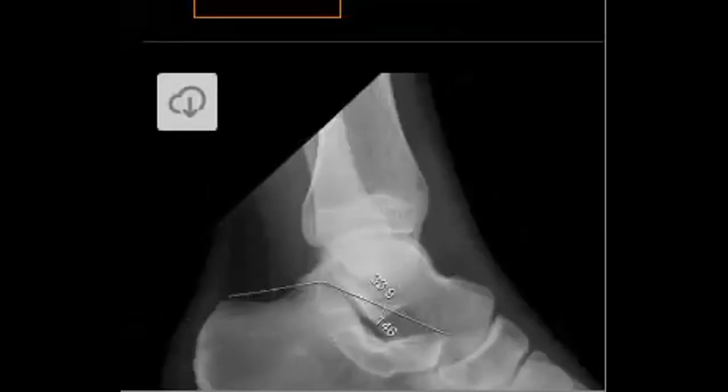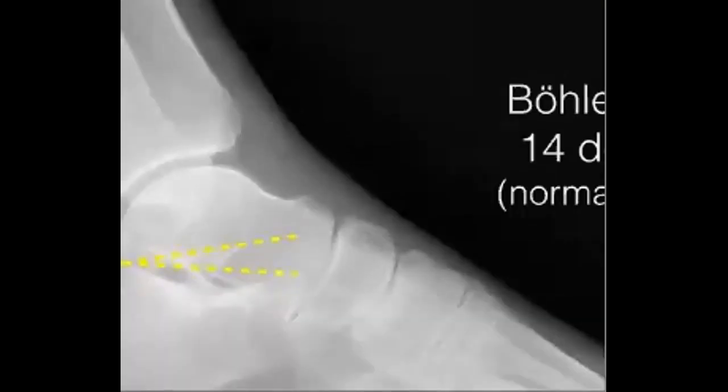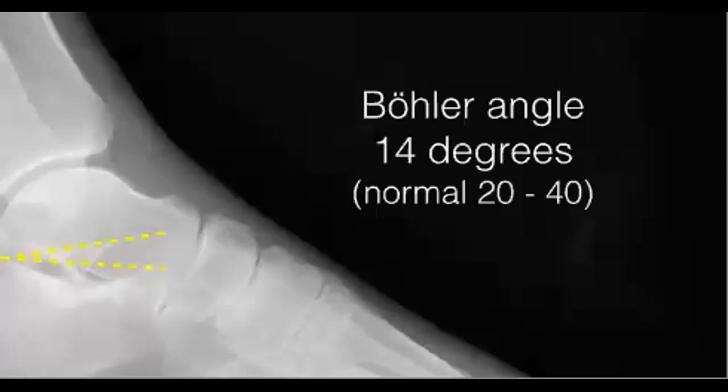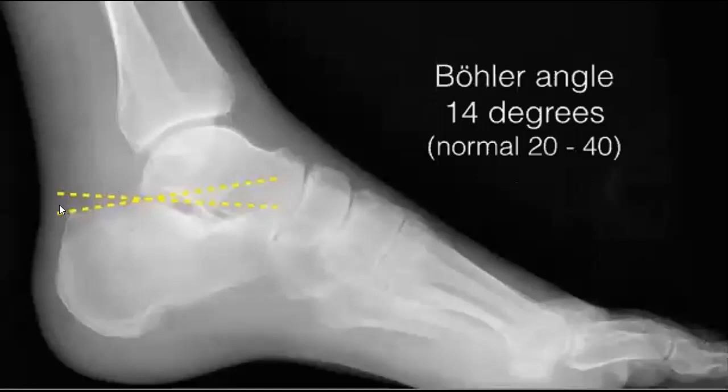Sorry, I will find you one more. This one, yeah. So if it is less than 20, this indicates that there is calcaneal fracture. Normally you draw one line here and one line touching these tubercles here, so one line touching this upper surface. And if this angle is less than 20, you are going to mention that there is calcaneal fracture.